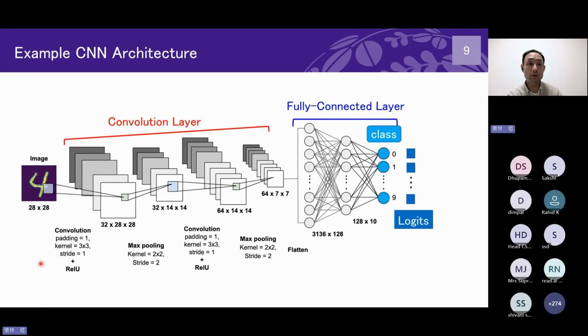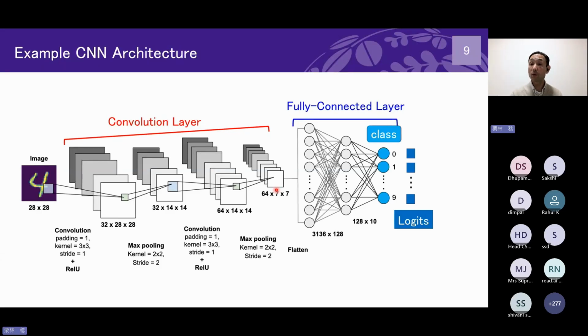This slide shows a typical example of a convolutional neural network architecture. This is an input image, and in the convolution layers, it tries to extract some feature elements from the input image using convolution, pooling, batch normalization, and others. Finally, it extracts certain feature elements from the input image.